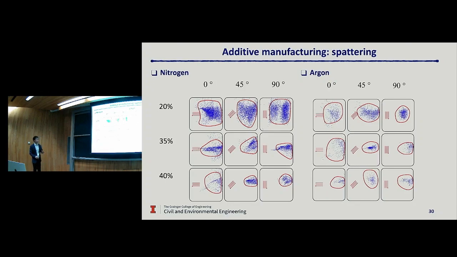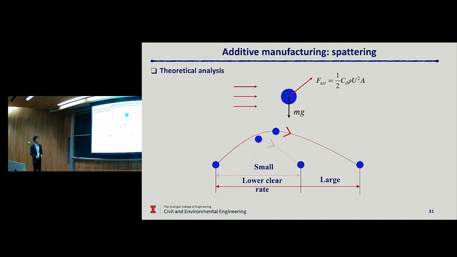So although this model can give you many details, you will know the exact distribution of the spatters, we still want to do some very basic theoretical analysis to rationalize this finding. So this is very fundamental fluid mechanics. Our basic assumption is that for a given flow rate and a given particle, the higher aerodynamic drag gives you better clearance performance.